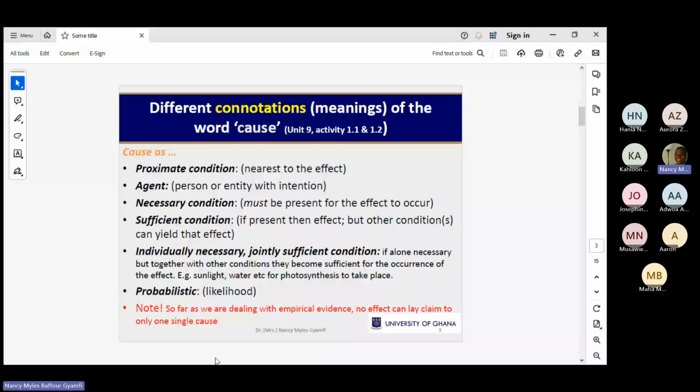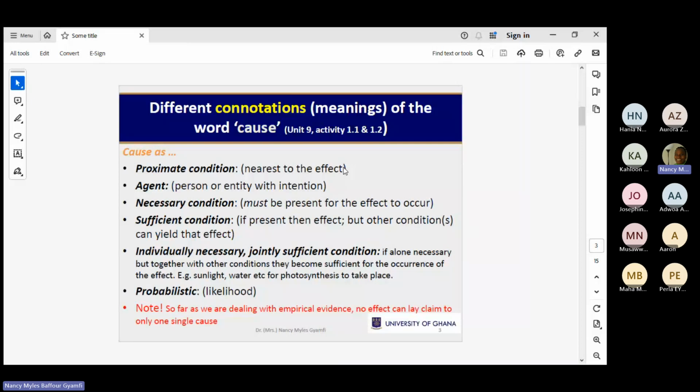So if someone just fell down and broke a leg, and if Josephine asked, "Oh, what caused Nancy's broken leg?" maybe Nasir will say, "Oh, she slipped." That would be a proximate cause that Nasir is pointing to.